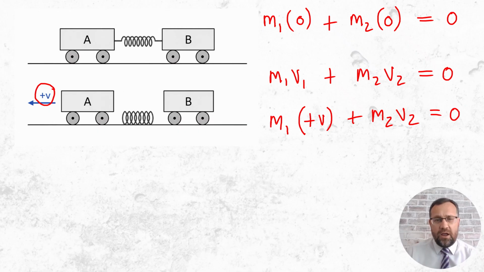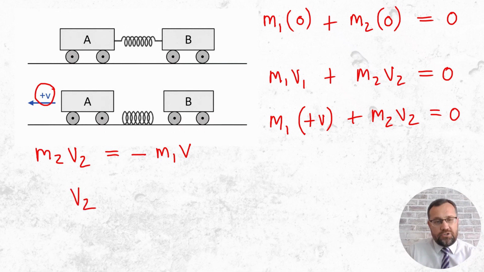So now we can rearrange our equation and we can say that m2 v2 is equal to minus m1 v. And now we can divide by m2 on both sides.